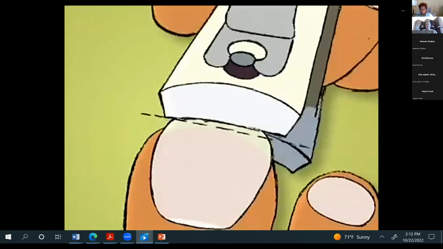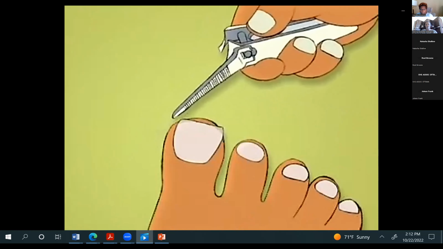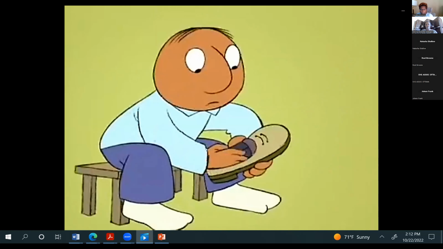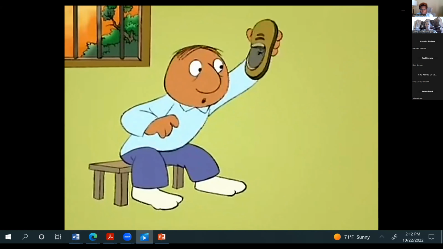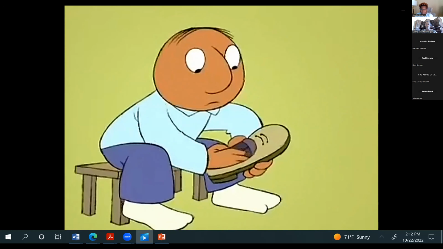Cut toenails straight across and file the sharp edges. Before putting them on, check shoes daily for rough places, any irritating objects, pebbles, nails. Wear cotton socks that are washed daily.